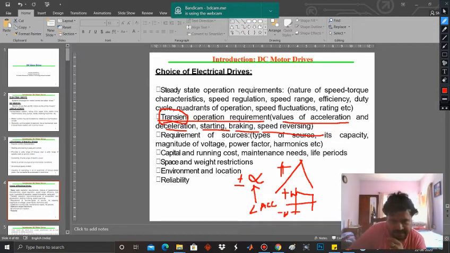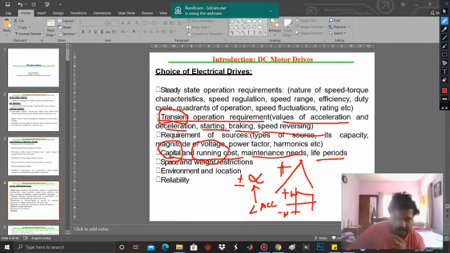Next comes the capital and the running cost, the maintenance needs and life periods. So you have to see what will be your capital cost and what will be your running cost.